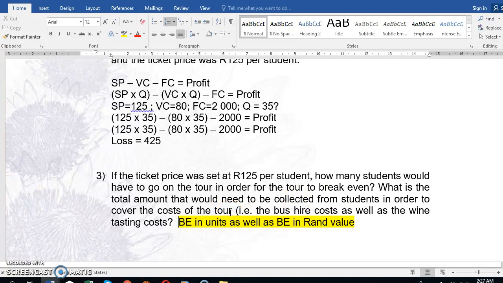So remember, you break even when you're just covering costs, i.e. variable and fixed costs. And how much needs to be collected? Well, we collect 125 per student times the amount of students we need, which is really the break-even in rand value. Alright, so to tackle this again, you need effectively that formula.